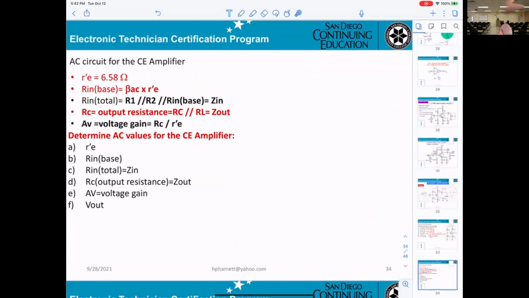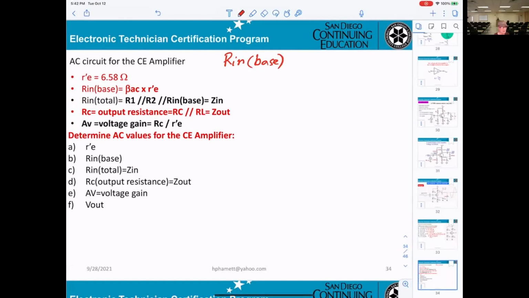And now you want to calculate the R in base. What is the R in base? Tell me what is R in base. The input resistance, right? Of the amplifier. You have an output resistance and an input resistance. Yeah, that is the resistance from the base to the ground.